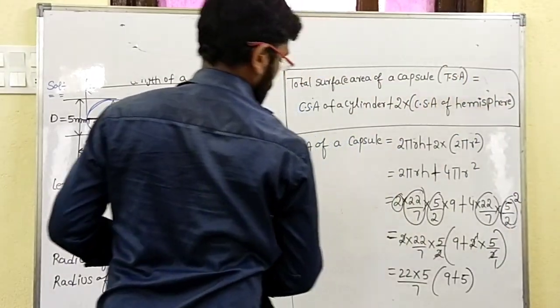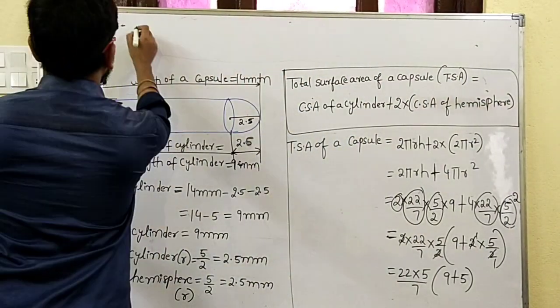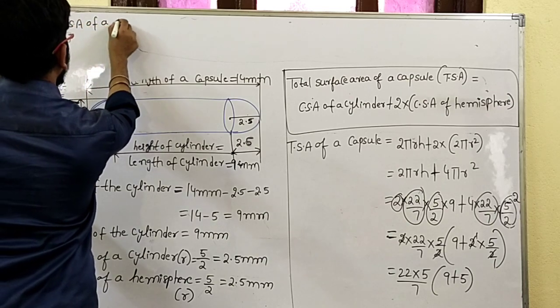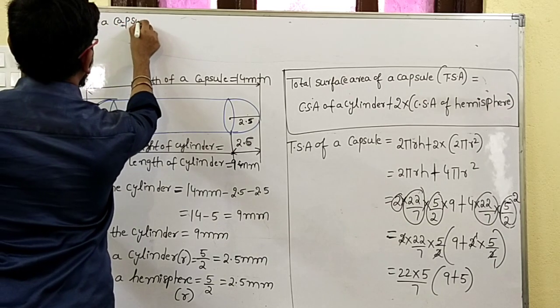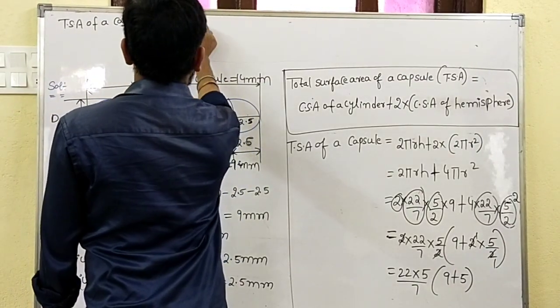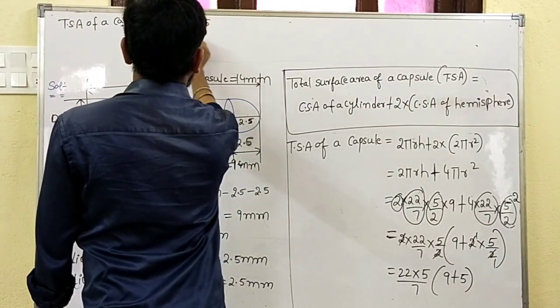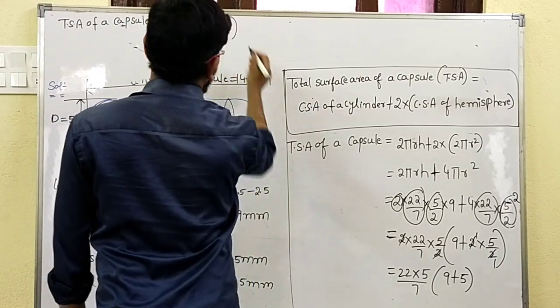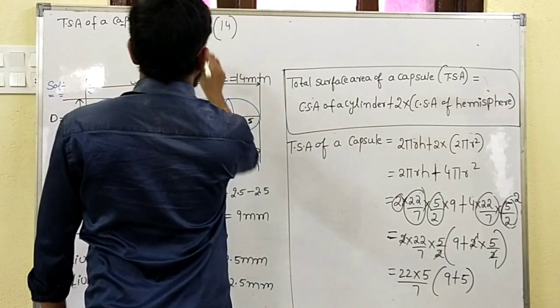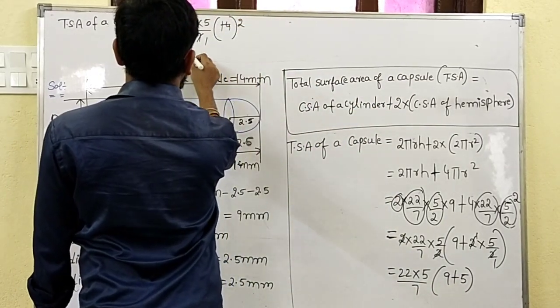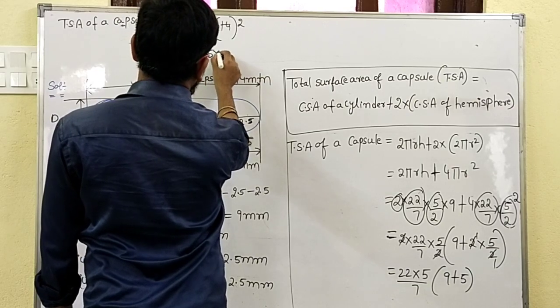So that equals the TSA of a capsule. The TSA of a capsule is equal to 22 into 5 by 7 into 14, since 9 plus 5 is 14. 7 ones are 7, 7 twos are 14. Then it will be 22 into 5 into 2.